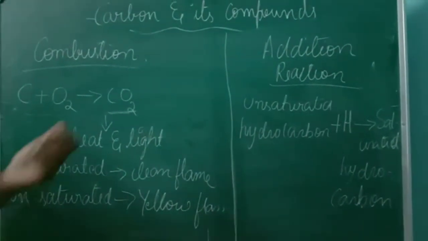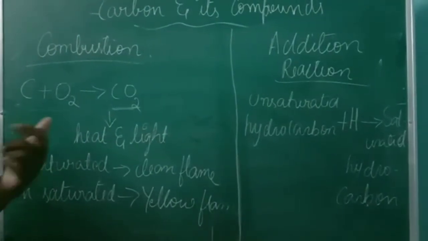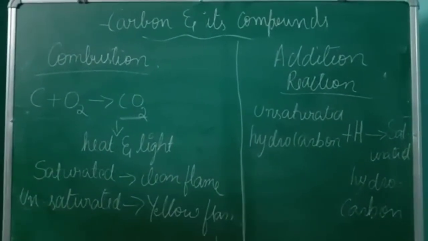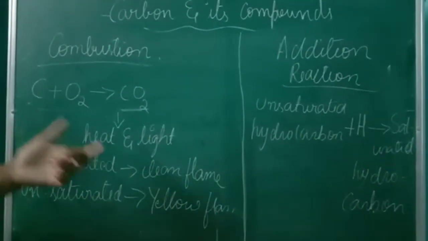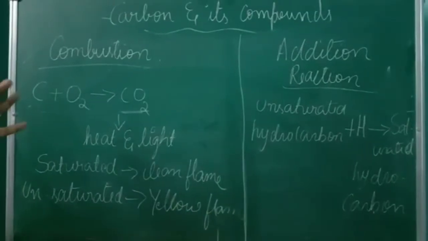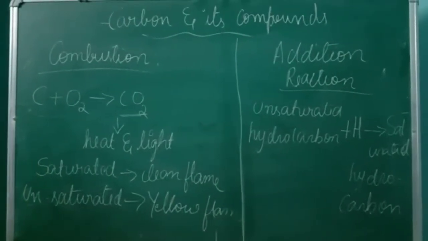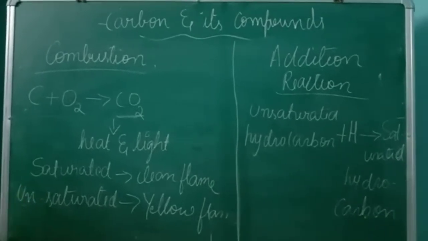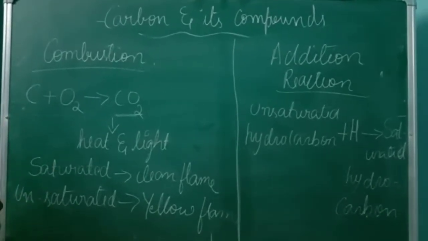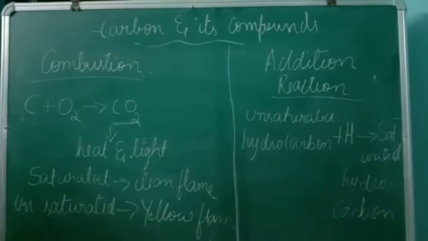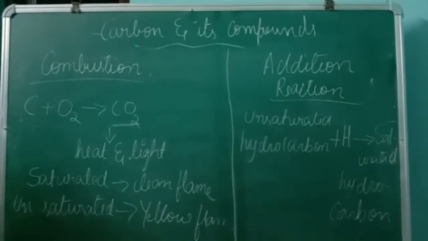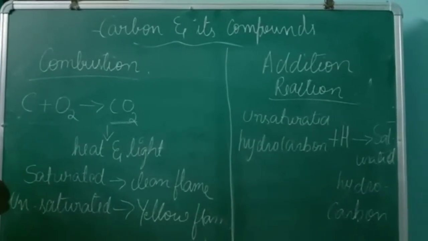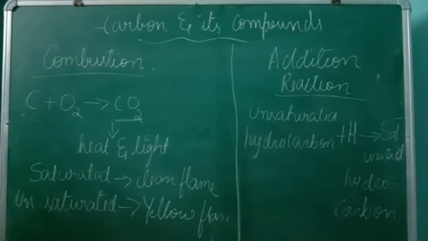But here the main thing is that when the carbon dioxide is going to evolve, a flame is generated, that is, a burning process takes place. It produces heat and it produces light, and in that, the flame causes a difference.